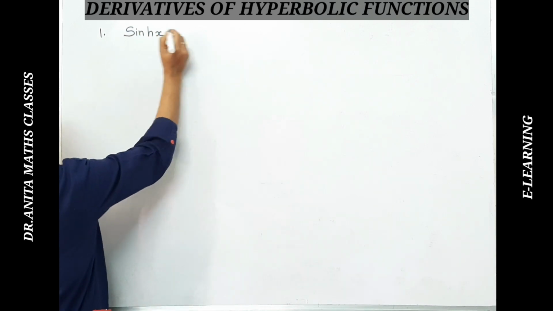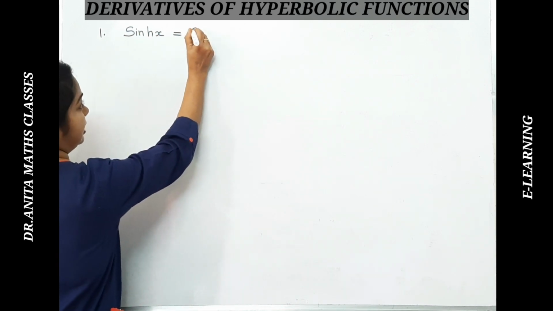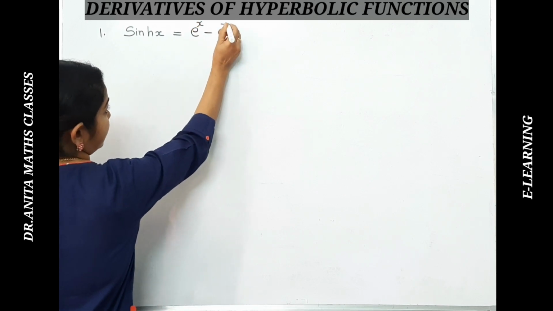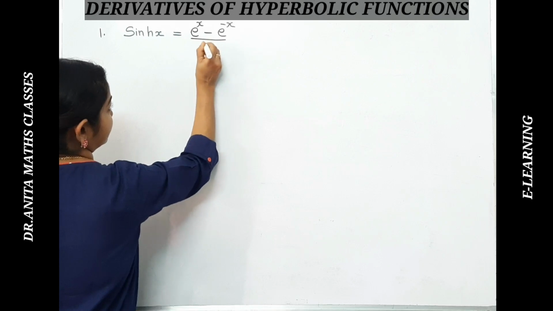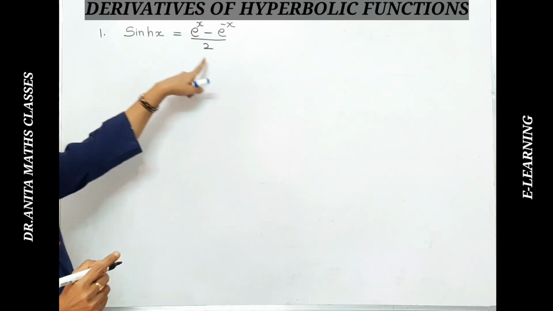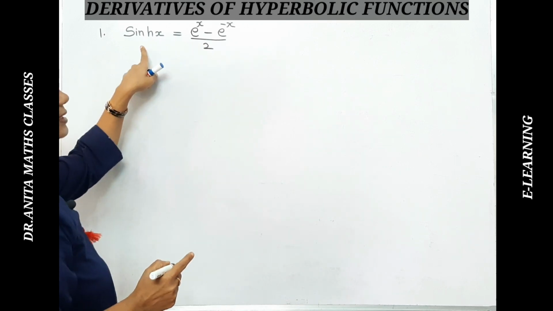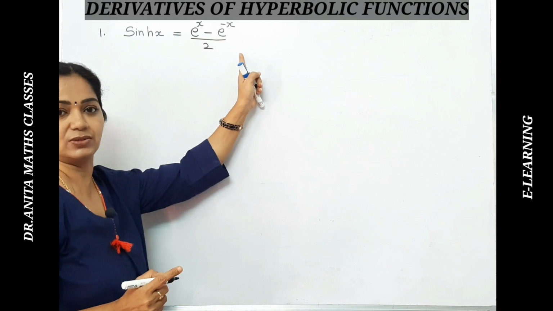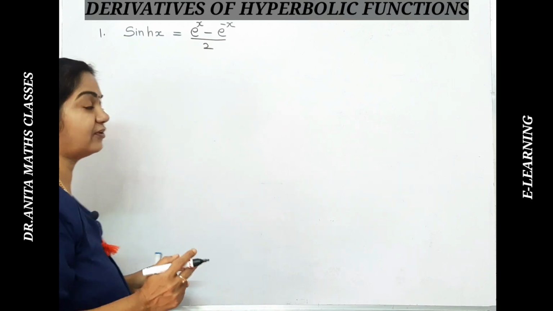So this is equal to e raised to the power of x minus e raised to the power of minus x, divided by 2. So this is the hyperbolic sine x function. Here this is a trigonometric function involving the exponential, so that is nothing but a hyperbolic function.